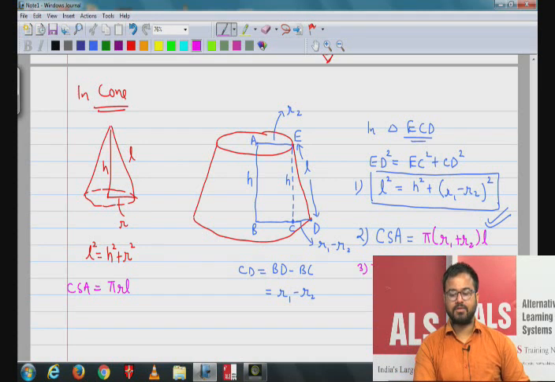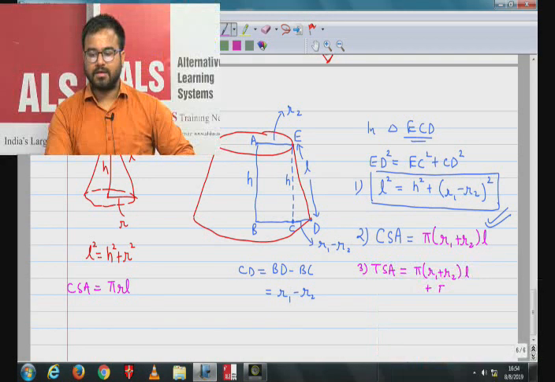And talking about the TSA, the TSA will be pi times R1 plus R2 into L plus the area of the top and the area of the bottom, which is pi R1 square plus pi R2 square.